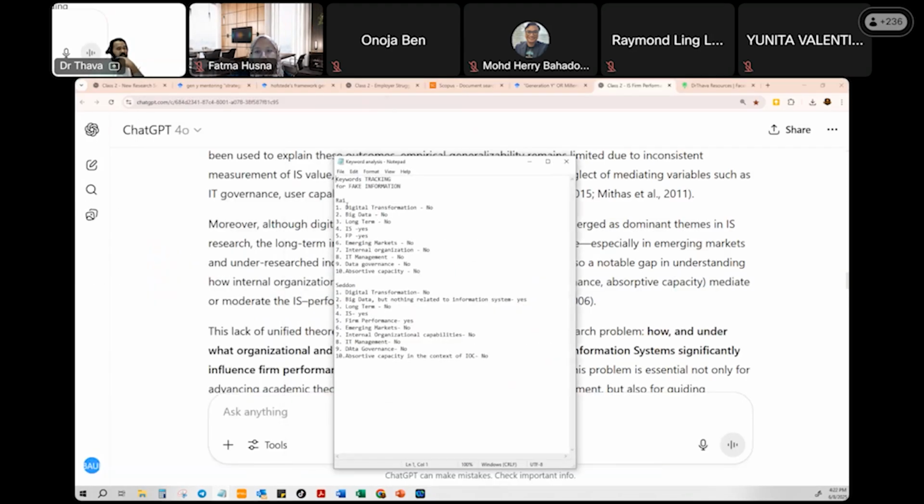In RAI, only two keywords exist, literally the topic itself: information system, firm performance. That's it. The rest never exist. In Sedon's paper, three existed out of 10: information system, firm performance, and big data. Though it's not relevant to what is stated there, only three existed.